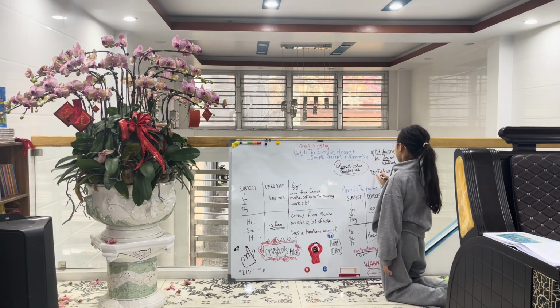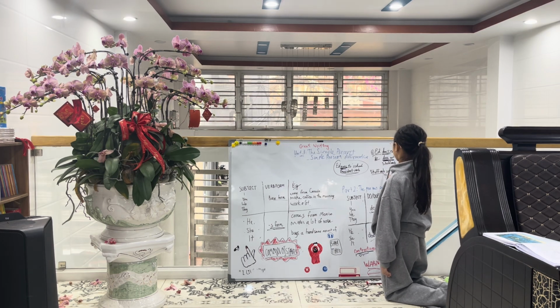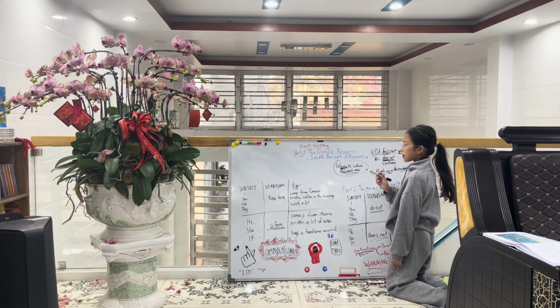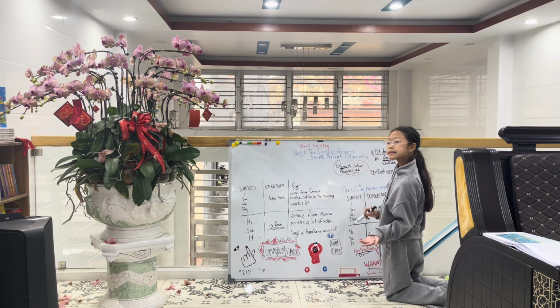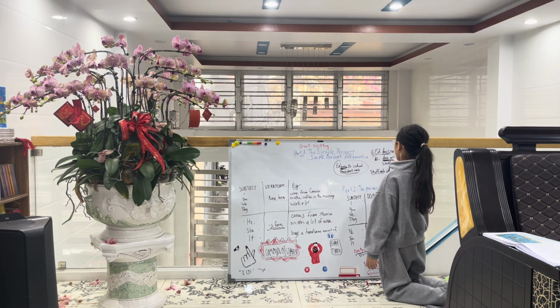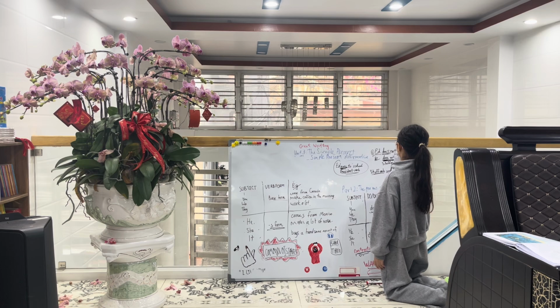See, does not is a staff verb. So the staff verb will serve the president verb. That means the present verb doesn't go with es. Simple, right? So does not is a staff verb and it serves the verb go.